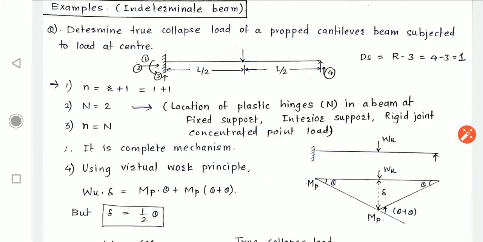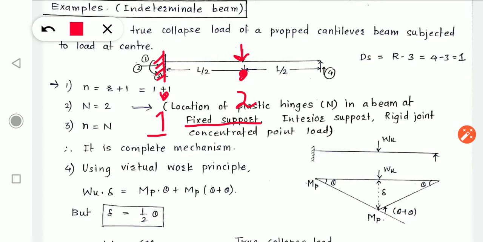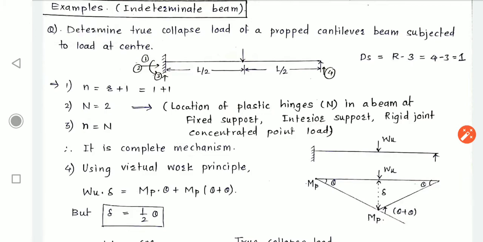So check it in our given beam. In the given beam we have a fixed support, yes, and we have a concentrated load. So at the fixed support one hinge will develop, at the concentrated load a second hinge will develop. Therefore the total number of actual hinges developed is equal to 2.